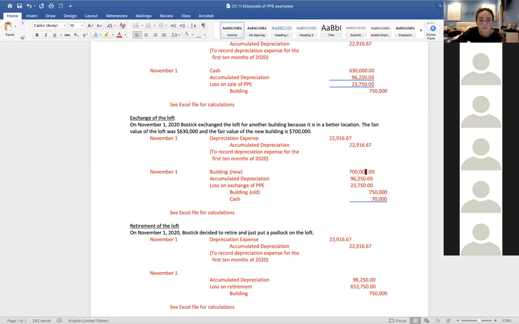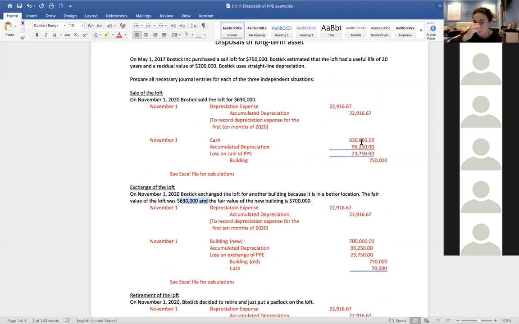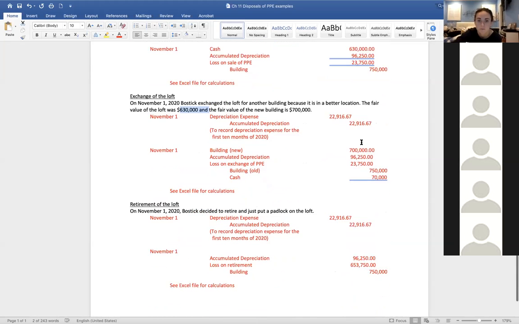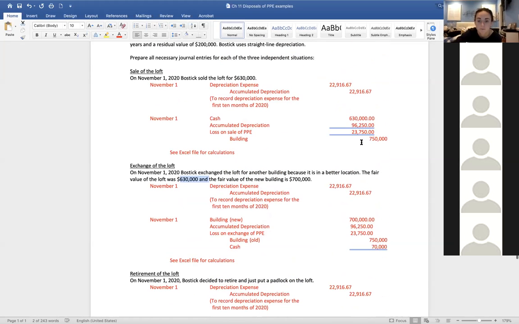What was the fair value of the old building? 630, right? And the book value was 653. That's on the Excel, remember?